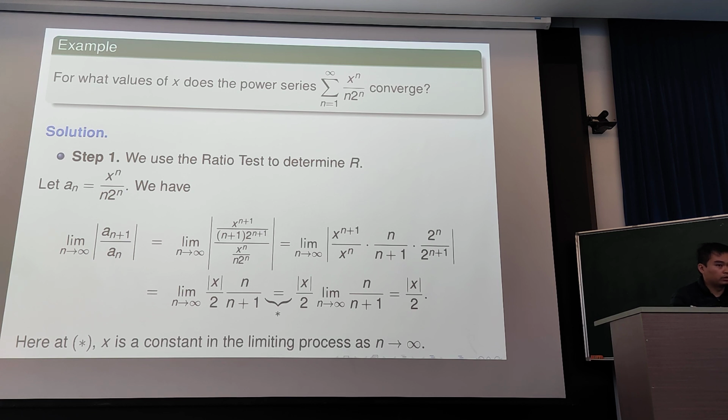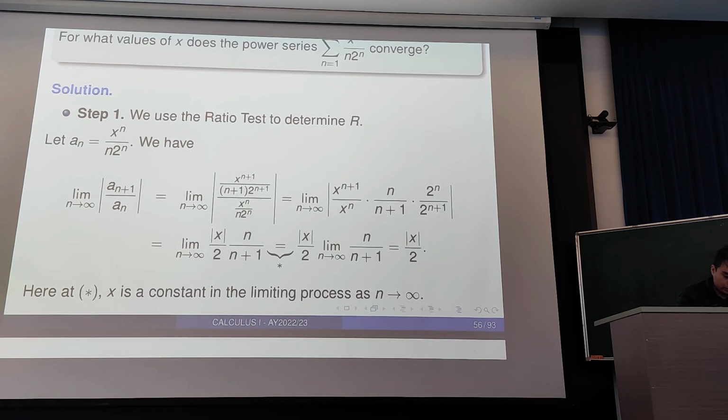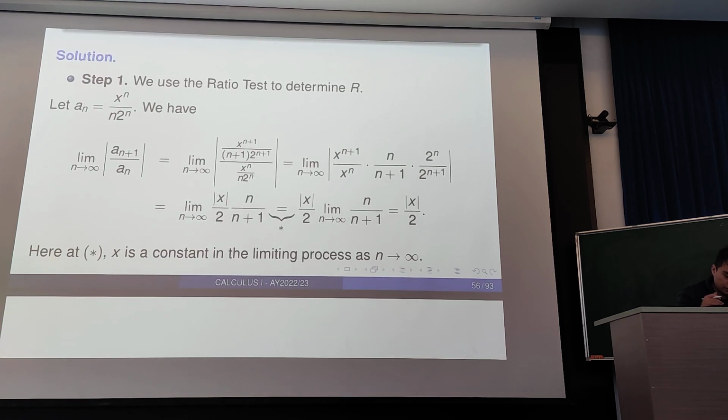It is 1. So the limit in the ratio test is a number depending on x. Do you agree? So let's compare with the conclusion of the ratio test.